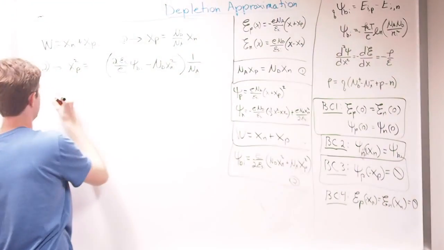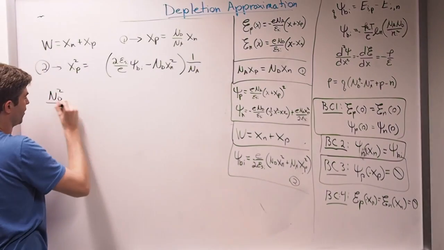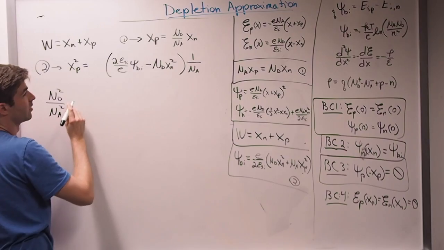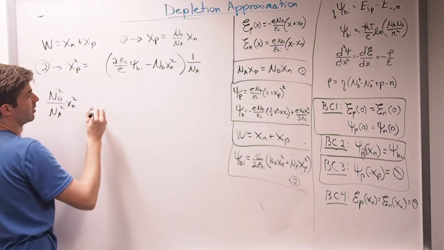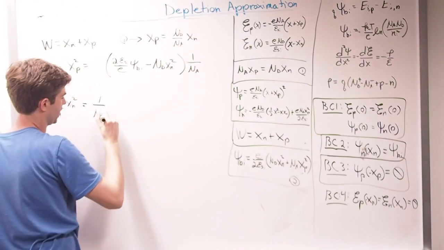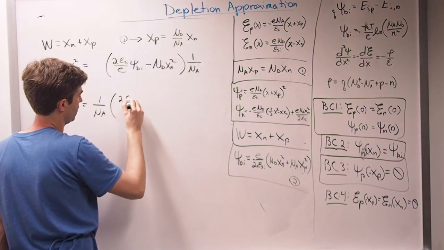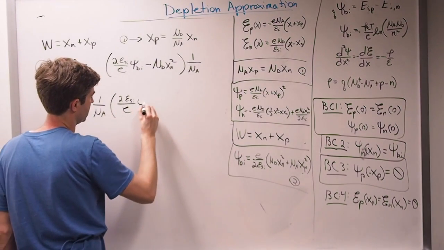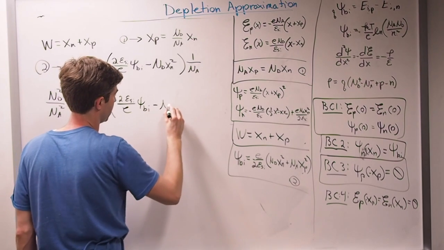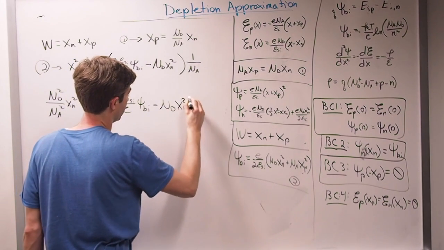So I have N_D squared over N_A squared x_n squared is equal to 1 over N_A times 2ε_Si over e ψ_bi minus N_D x_n squared.